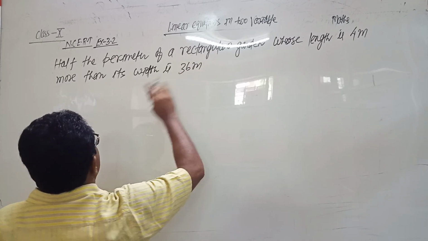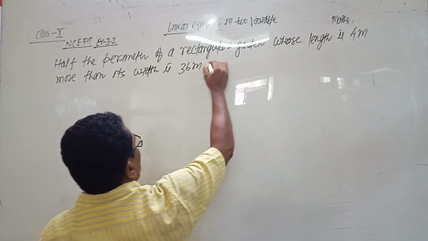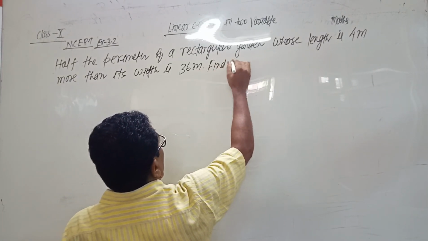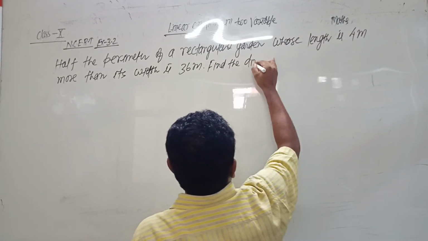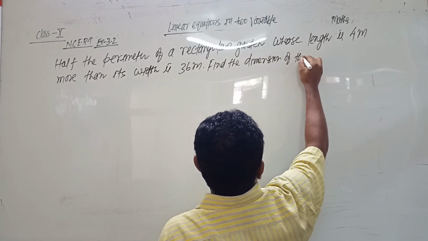Means half the perimeter of the garden is 36 meters, and one of the conditions is that length is 4 meters more than its width. Then find the dimensions of the garden.